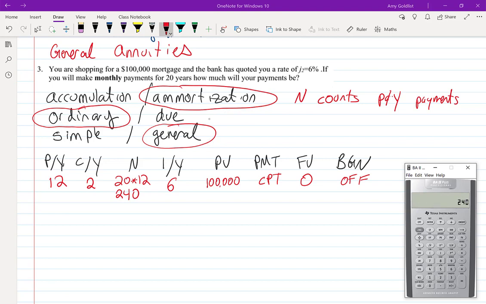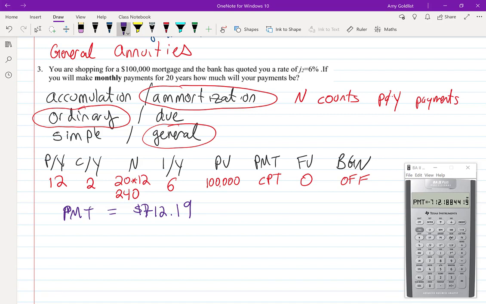I always scroll around to make sure that everything has worked correctly. 100,000 present value, 0 is our future value. Compute that payment, and I get an answer of $712.19. We're going to round out a little bit at the end.